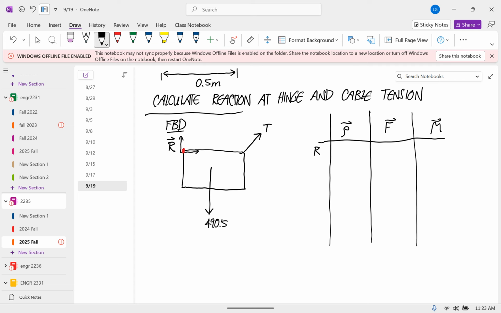So first I'll do the force R. What's the r vector for that? 0, yep. And the force is Rx, Ry. Cross product: this times this minus this times this is 0.